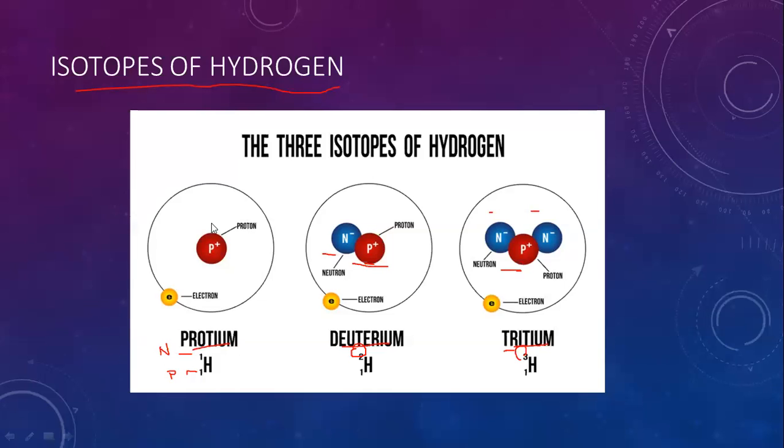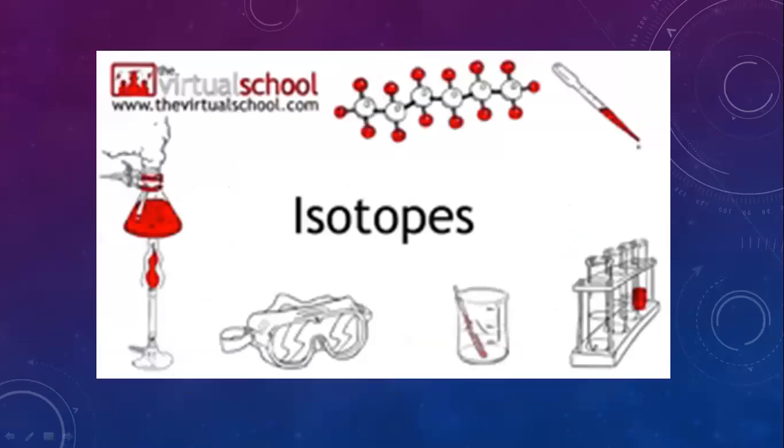Here we have an example of isotopes: hydrogen has one proton only. In hydrogen-1, I have 1 proton. In deuterium, I have 1 proton and 1 neutron. In tritium, I have 1 proton and 2 neutrons.